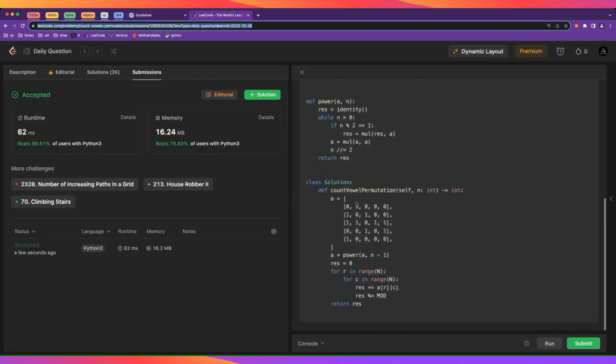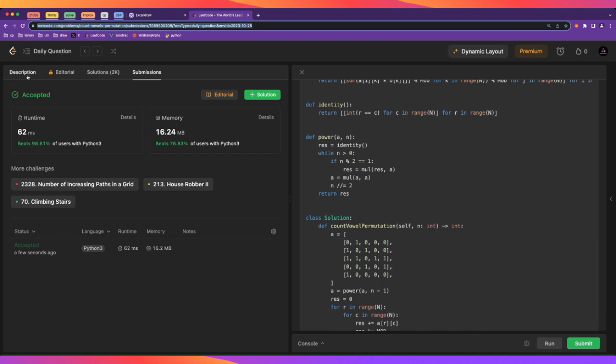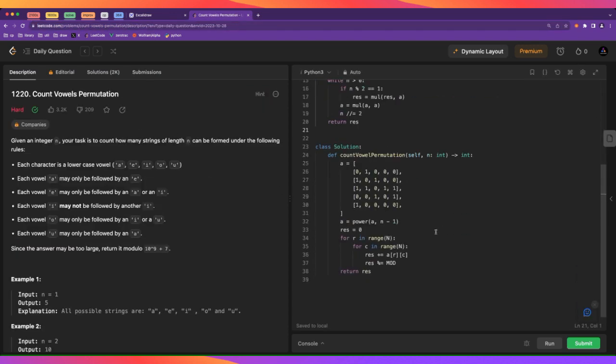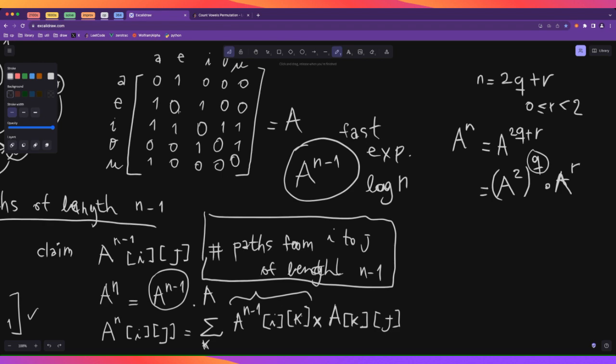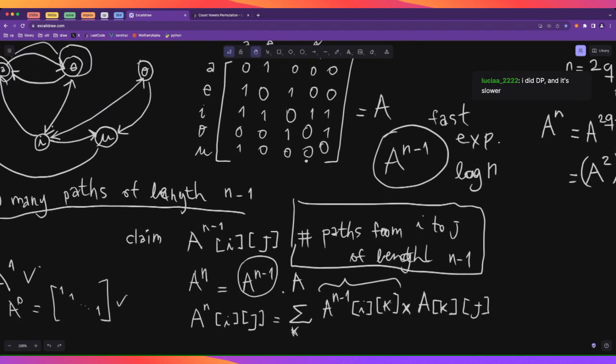Yeah, I think the code is pretty clean. You have to be careful when you create this matrix. Make sure that you are translating the rules correctly. But I think this is a cool problem because this is a very general technique.